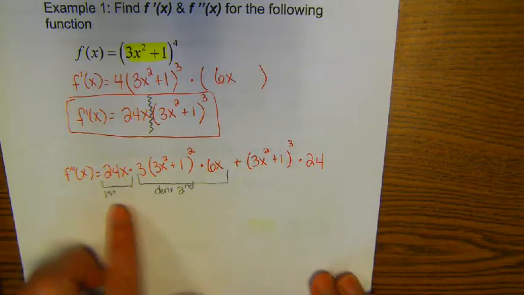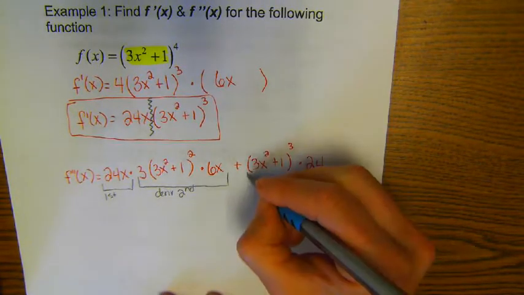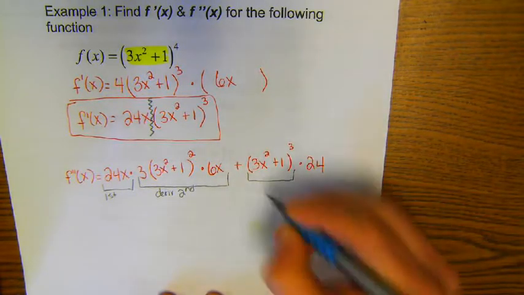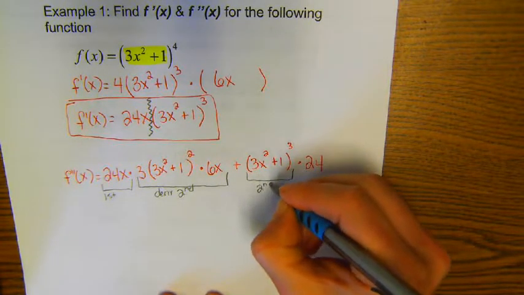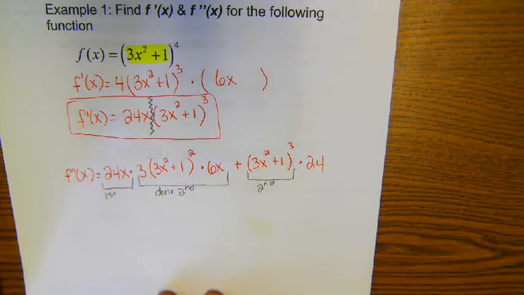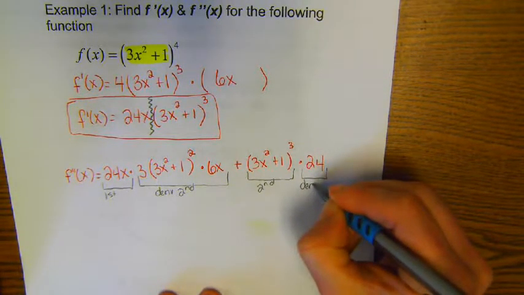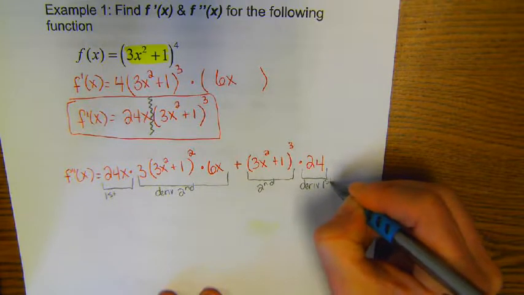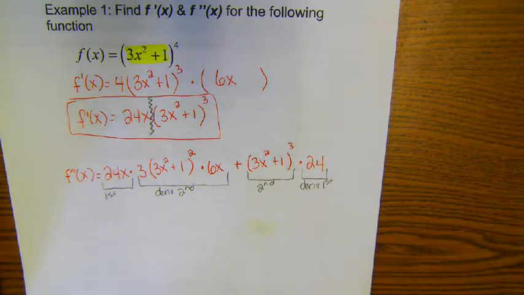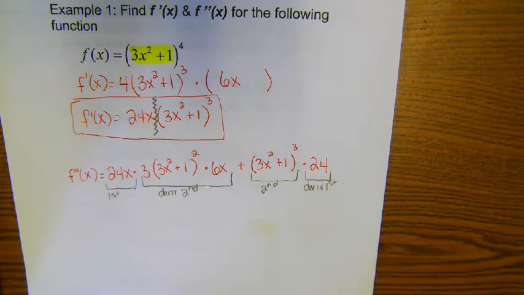So first, d second. And then this is the second function times the derivative of the first. Okay, so far, any questions then on how I got those things?